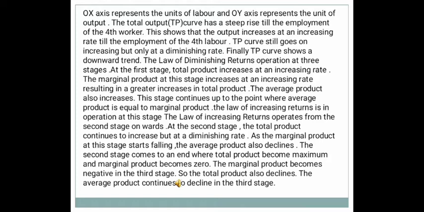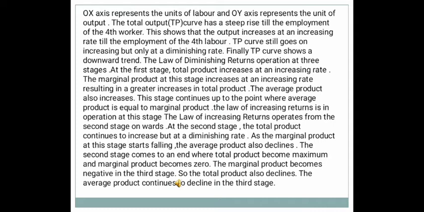The total output curve has a steep rise till the employment of the fourth worker. This shows that the output increases at an increasing rate till the employment of the fourth labor. The TP curve still goes on increasing but only at a diminishing rate. Finally, the TP curve shows a downward trend.